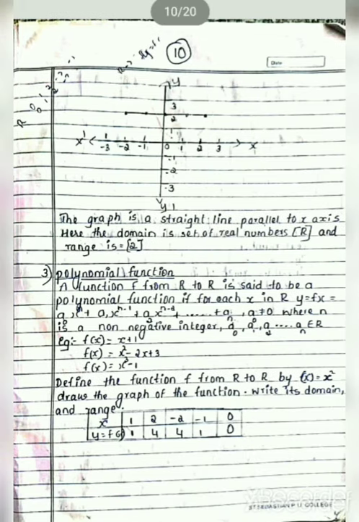For example, polynomials are x square plus 2x plus 5, x to the power 3 plus 1, x plus 1. All these are polynomials.